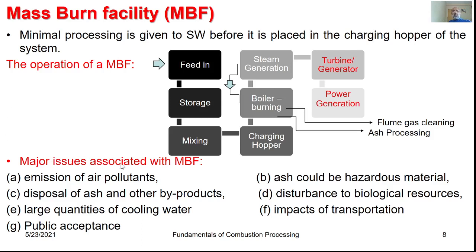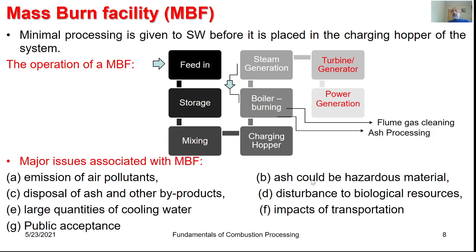There are some issues associated with this kind of facility. There would be emission of a variety of air pollutants. As there is no strict control on the kind of input feeding material, the ash could be hazardous in nature. Hence, the disposal of ash and other byproducts could be questionable.